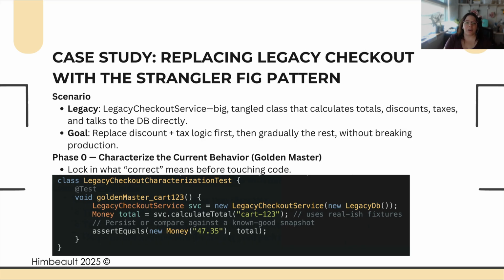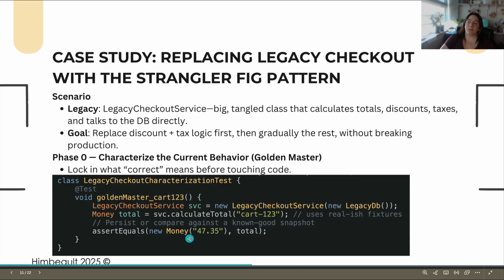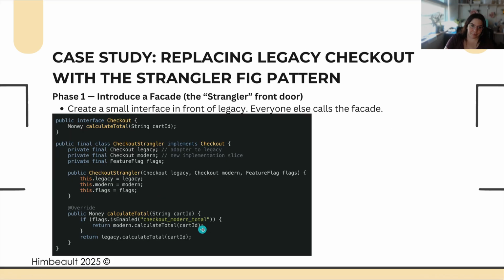Let's make ourselves that golden baseline and lock in what correct means before we touch any code. So right now we have this legacy checkout service, we make our new legacy database, and we can write some tests that ensure that whatever is currently happening, we're documenting, and we can make sure current behavior is maintained.